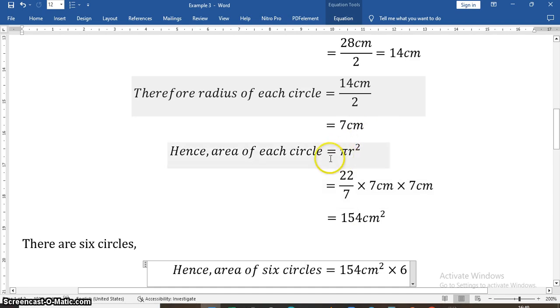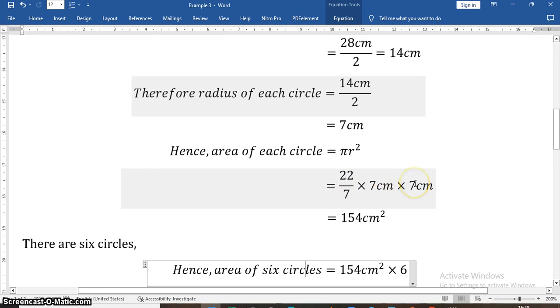We use the formula area of each circle equals pi r squared. What is the value of pi? Okay, we know this. We always take this as 22 over 7. r is 7 centimeters. So you have 22 over 7 times 7 centimeters times 7 centimeters. r squared means repeating twice. 7 centimeter, 7 centimeter. 7 cancels 7. You see that? So you have 22 times 7.